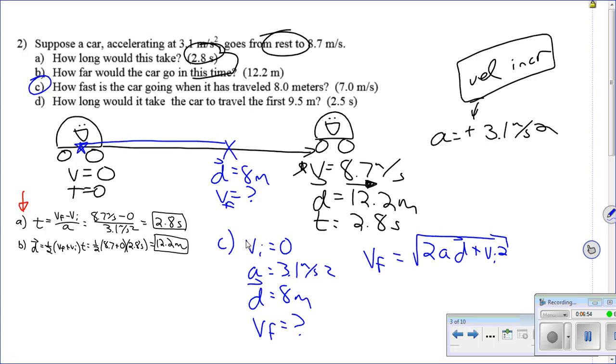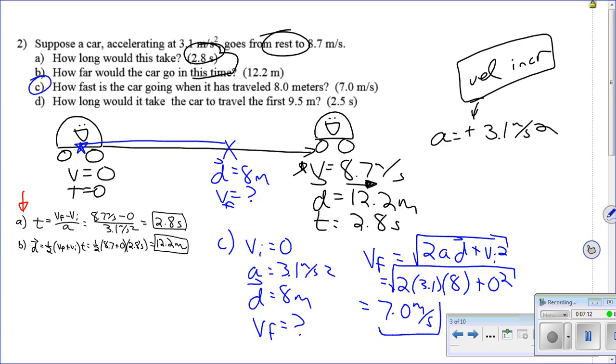So let's do that. You're going to get 2 times 3.1 times 8 plus 0 squared, and square rootify it. And you get a final velocity of 7.0 meters a second, or pretty close to it. All right, so there we go. So that's how you do part C.